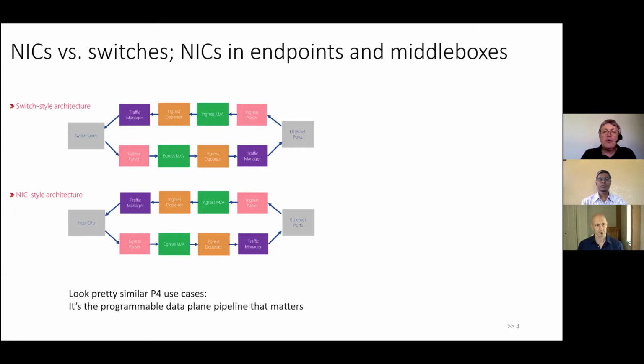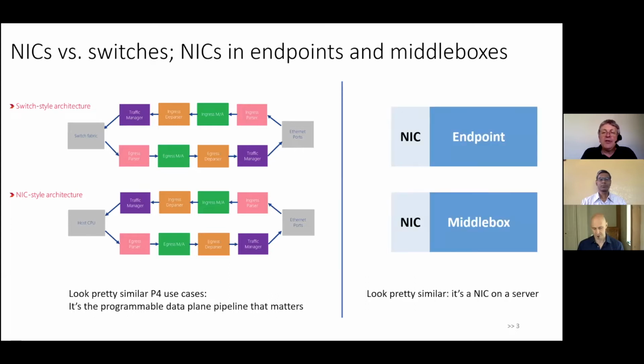So that's one viewpoint, and the other is, is there a difference between an endpoint, a computer attached to the network, and a middle box, which is in the network? On one level, they're both the same thing. A middle box in the network is just some kind of server with network interfaces.